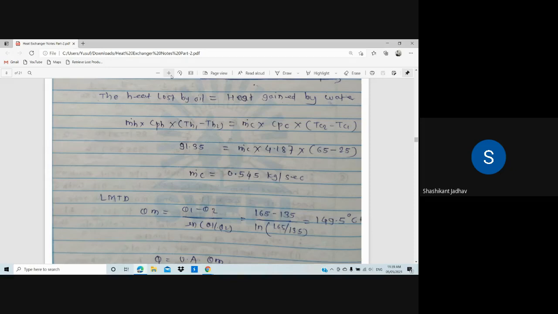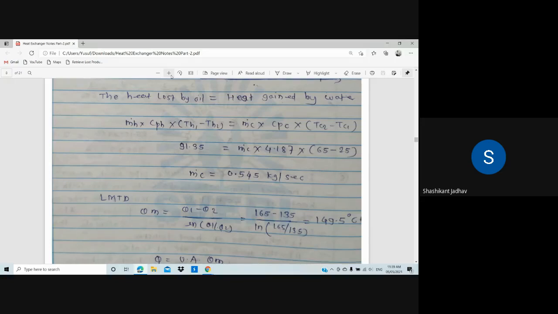And what about theta 2? Theta 2 is the temperature difference at the right hand side. Which temperatures are there? TH2 and TC1. So TH2 minus TC1. TH2 is 160 and TC1 is 25. So 160 minus 25 is 135. So theta 1 is 165 and theta 2 is 135. Put those values into this equation and find out the value of LMTD.